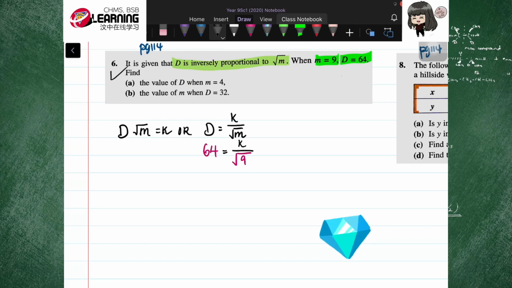Then I can find my K. My square root of 9 is 3. So K equals 64 times 3, which equals 192.